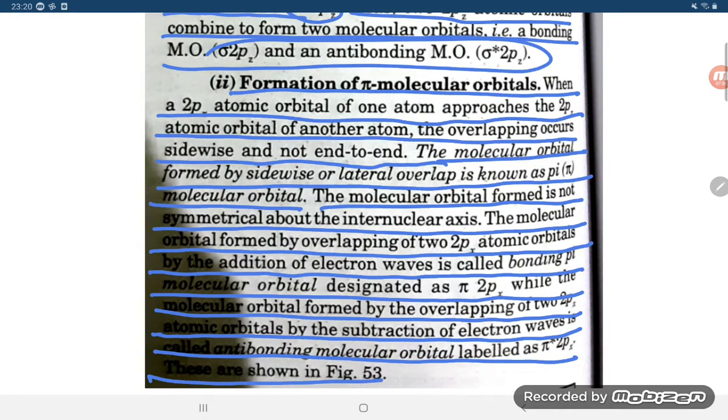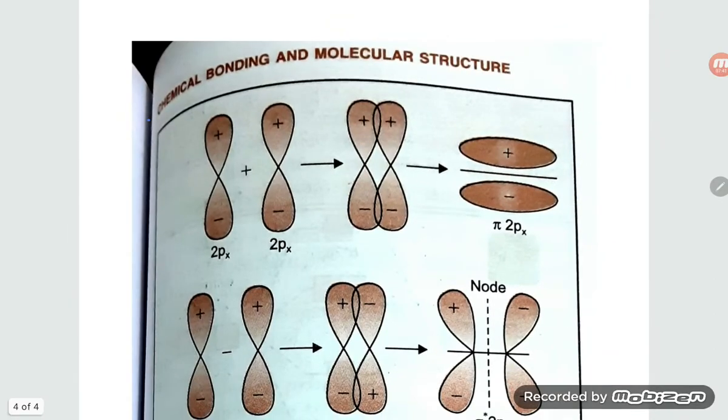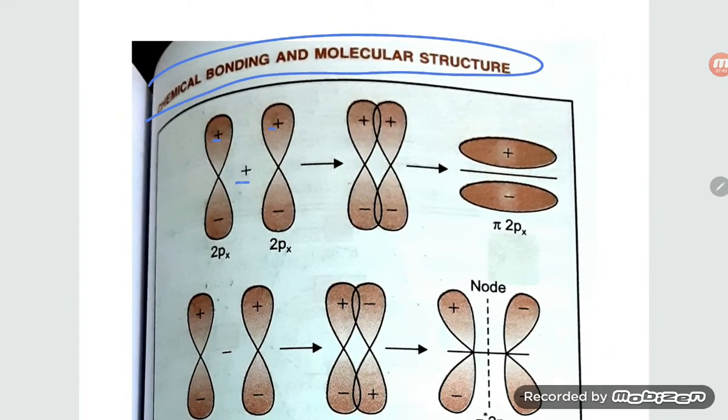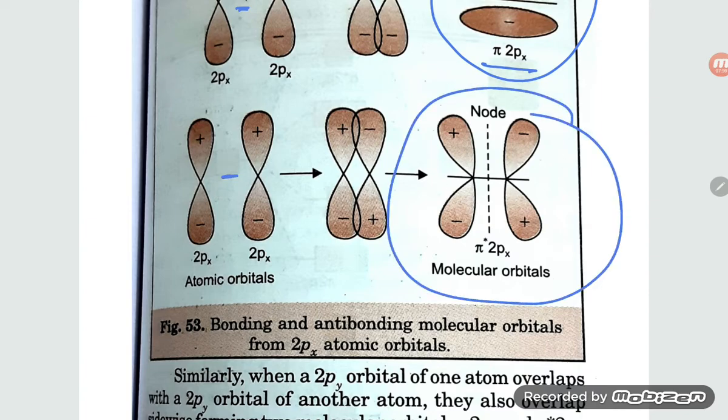How are these represented? See, students, here plus and plus get added, and minus and minus get added, so they form the bonding molecular orbital. This is the pi bond, pi 2px. Similarly, if it is subtracted, with a minus in the center, it will be like this, the anti-bonding molecular orbital.